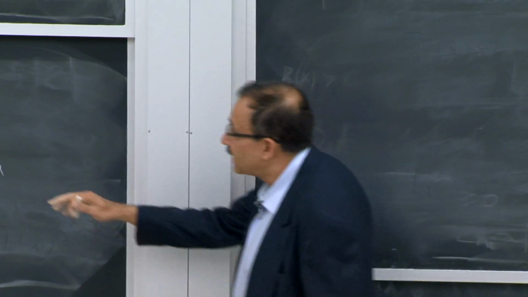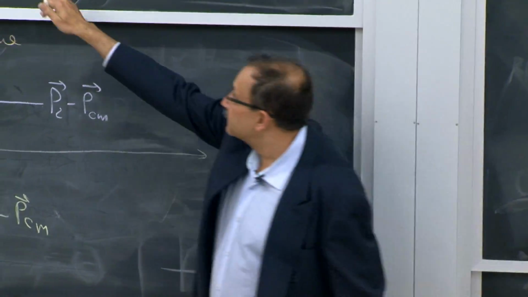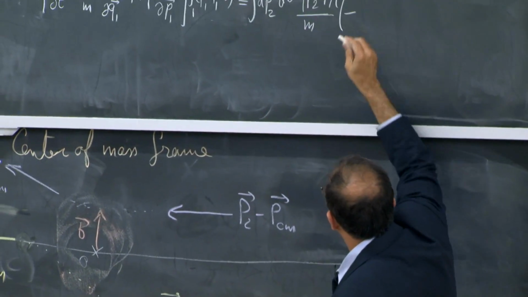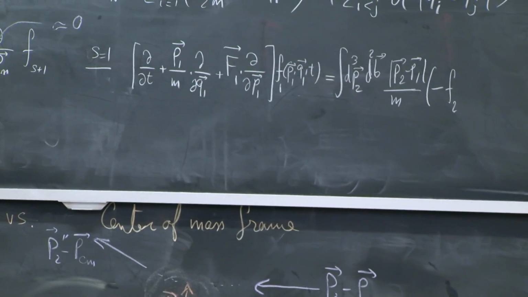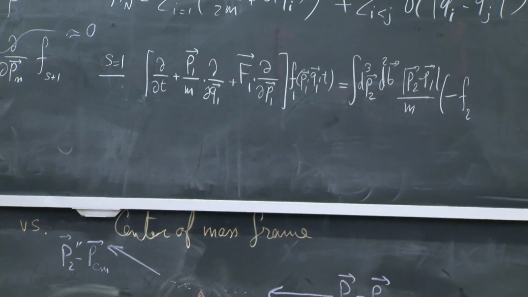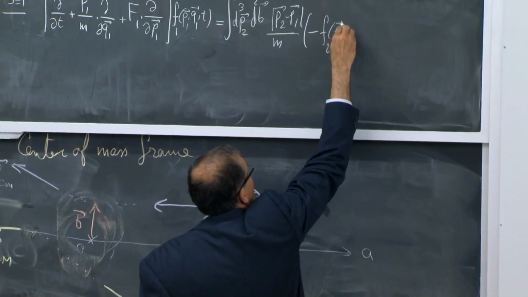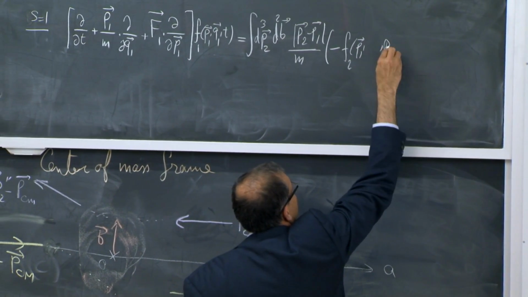So the channel that was carrying in momentum P1, which is the one that we are interested in, suddenly gets depleted by an amount that is related to the probability of having simultaneously particles of momenta P1 and P2.